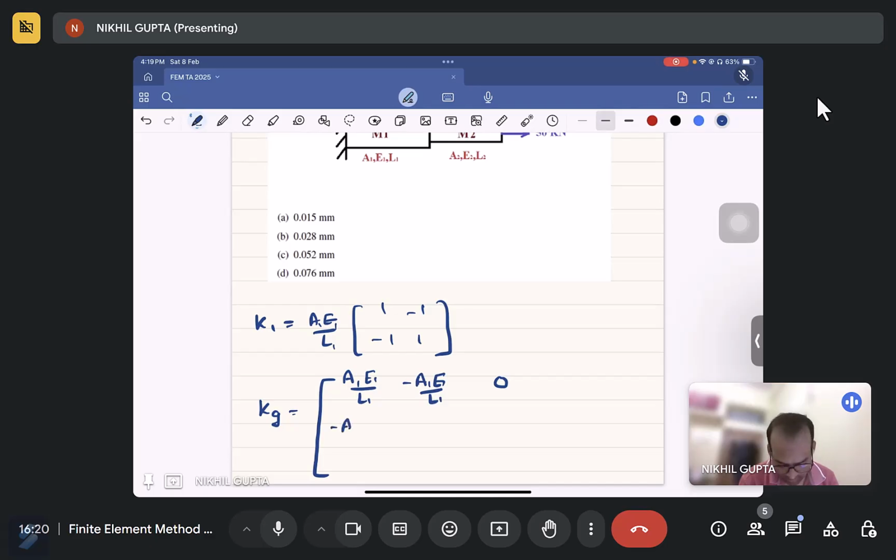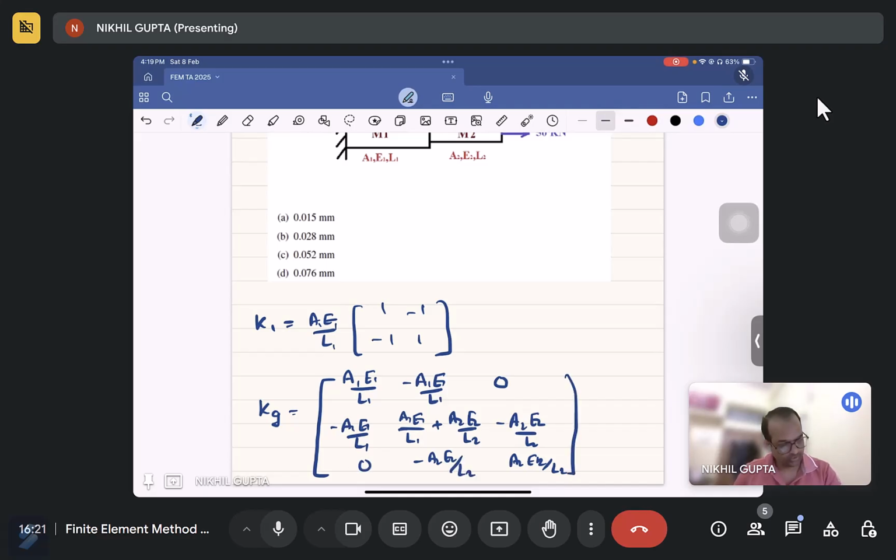Then minus A1E1 by L1, and positive A1E1 by L1 plus A2E2 by L2, as this node is common in both. Then it will be minus A2E2 by L2. Here it will be minus A2E2 by L2 and here it will be 0.